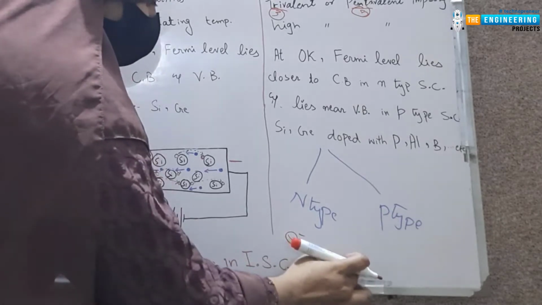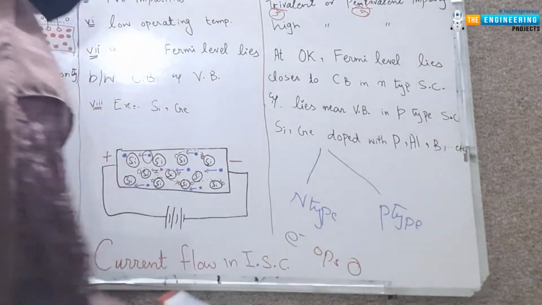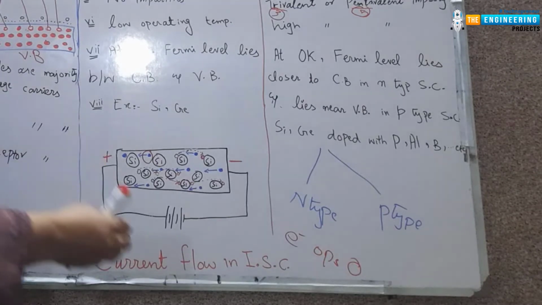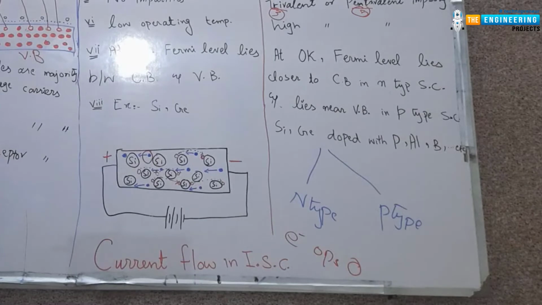When the electron moves toward left, the hole will move toward right. This is the current flow in intrinsic semiconductor.